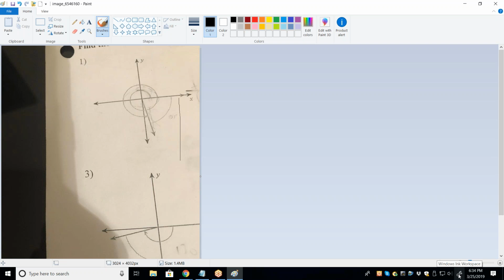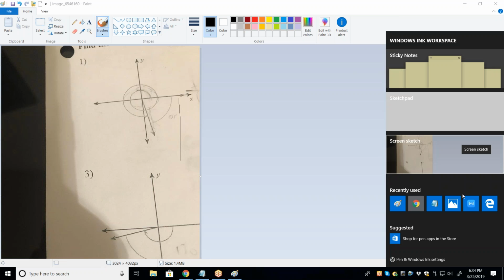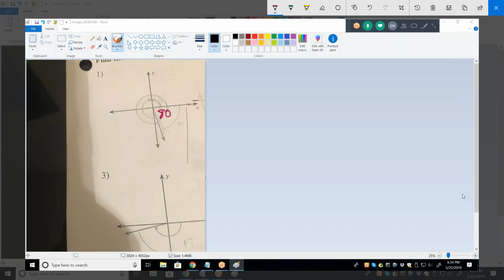Here, let's label that. So this one is 80, correct? Yeah. Okay, so how much is this one right here?